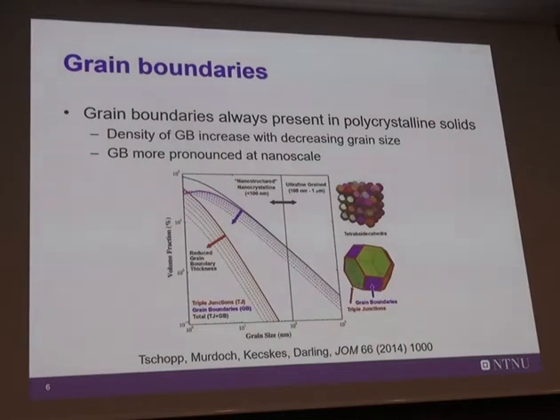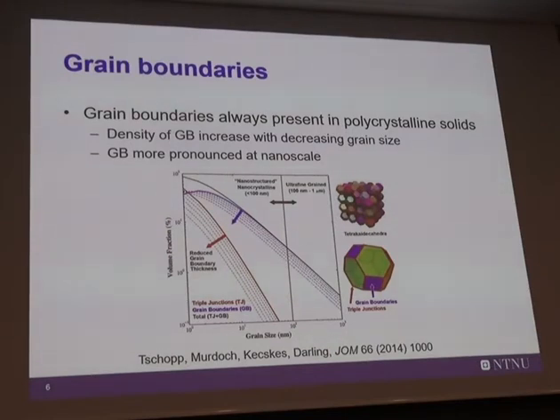And if you go to the nano region, this is nicely illustrated in a metallic system, where you see the volume fraction of the grain boundaries given by this line here, and the triple junctions, as a function of the reducing grain size. As you see, this is in nanometers, and when you pass, let's say, 10 nanometers or so, the volume fraction of these two-dimensional defects actually starts to dominate over the bulk volume fraction.